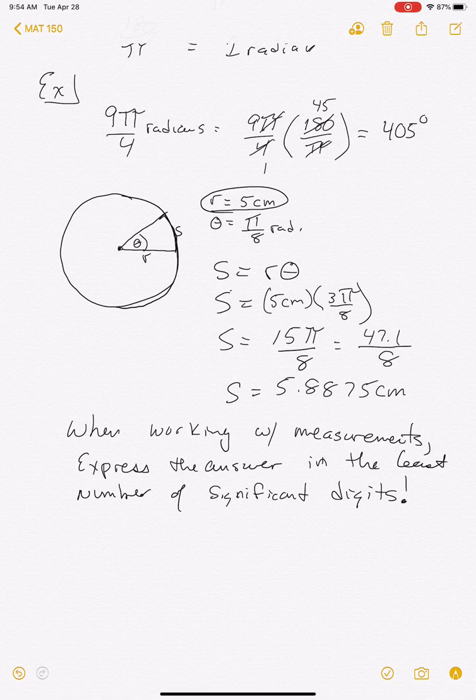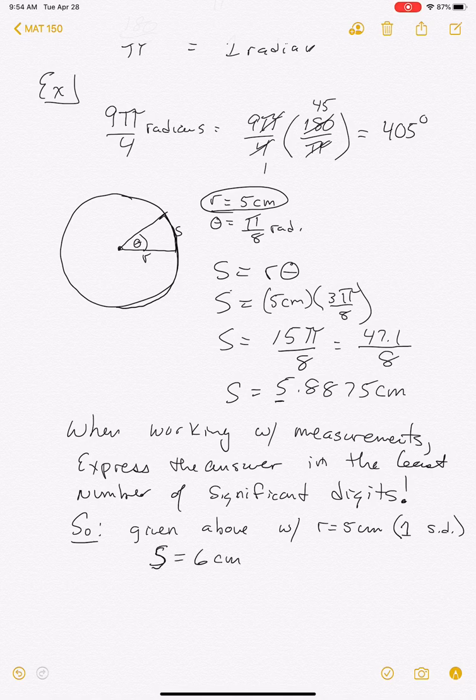We have 5 centimeters, which is 1 significant digit. So given the above, with r equal to 5 centimeters, this is 1 significant digit. The answer would be rounded to 1 significant digit, so S would be 6 centimeters.